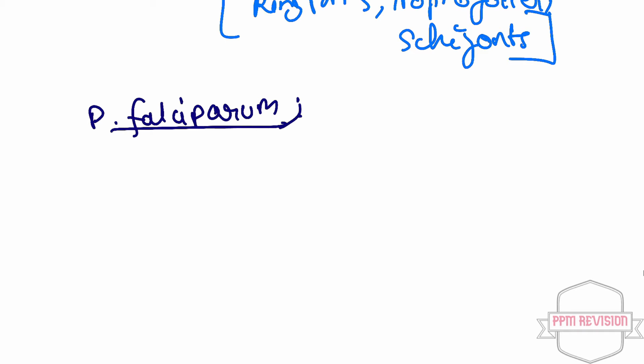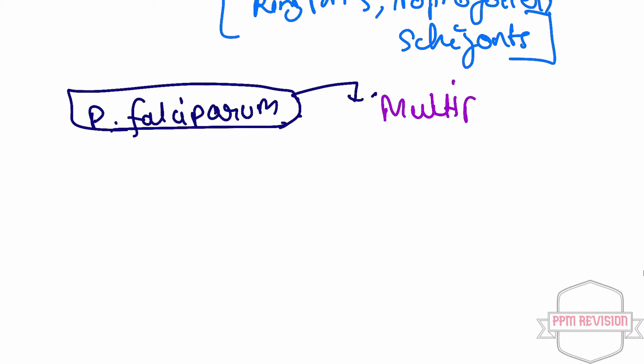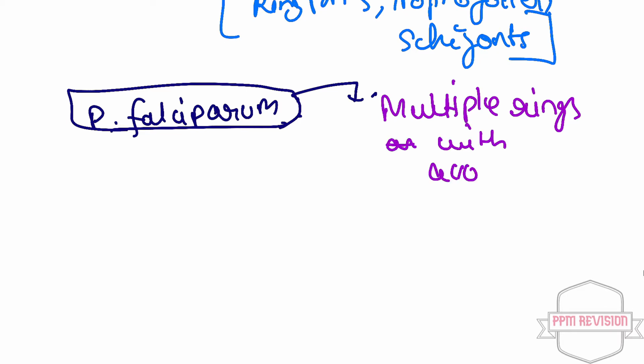To confirm this, what is seen is multiple rings with accolé forms. Accolé forms are nothing but the nucleus is pushed to the periphery.